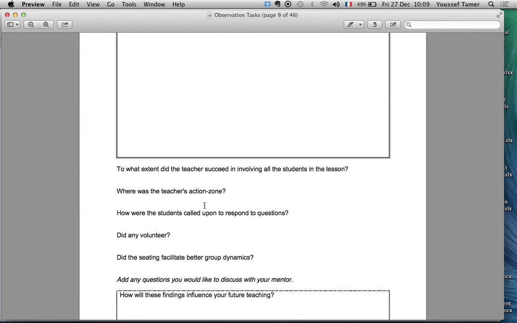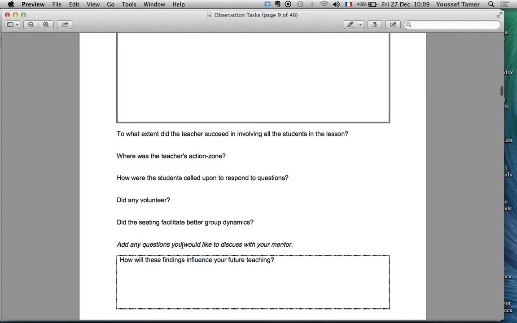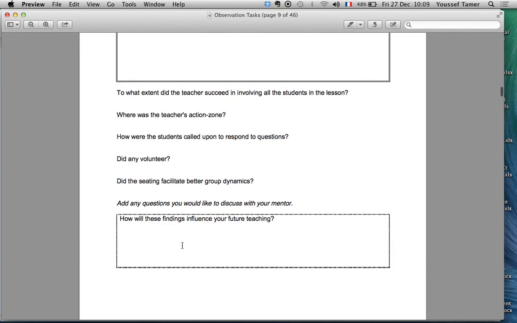Does he assign students, or does he give the floor freely for students to raise their hands and answer questions? Did any volunteer? Did the seating facilitate better group dynamics? And then you can add any questions you would like to discuss with your mentor. Who is the mentor? Inshallah, it will be the teacher who will host you in your training.